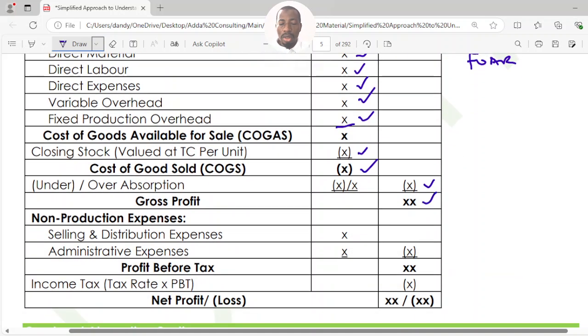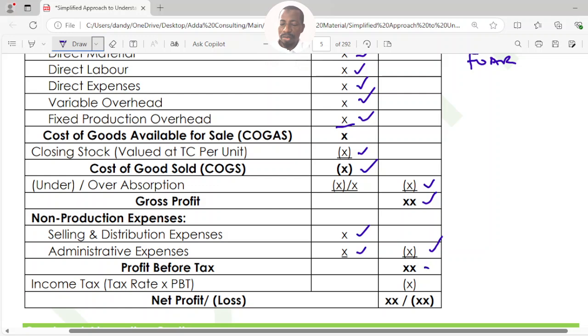I deduct the difference from the sales value to have the gross profit. Remember, I told you the marginal costing approach uses contribution, whereas the absorption costing approach recognizes gross profit. Immediately after the gross profit, I need to consider non-production costs, whether variable or fixed, provided they are not related to production. If I have variable or fixed selling and distribution expenses, or variable or fixed admin expenses, I will post them. I add all the expenses not related to production together, then deduct from the gross profit.